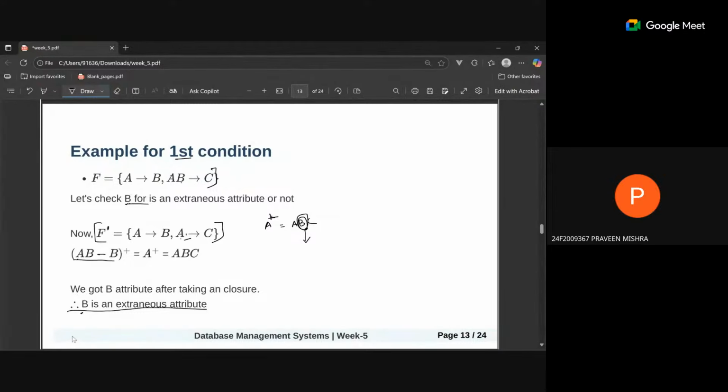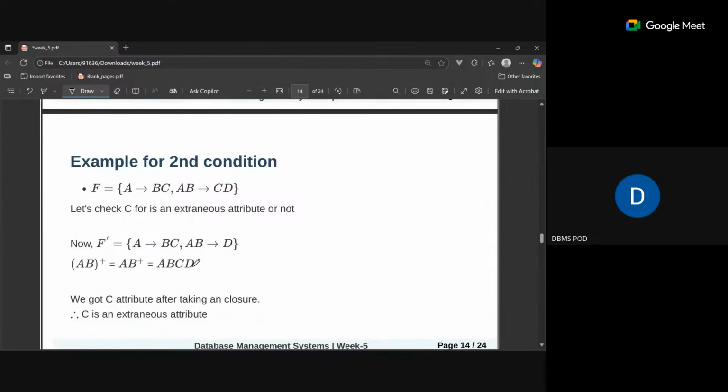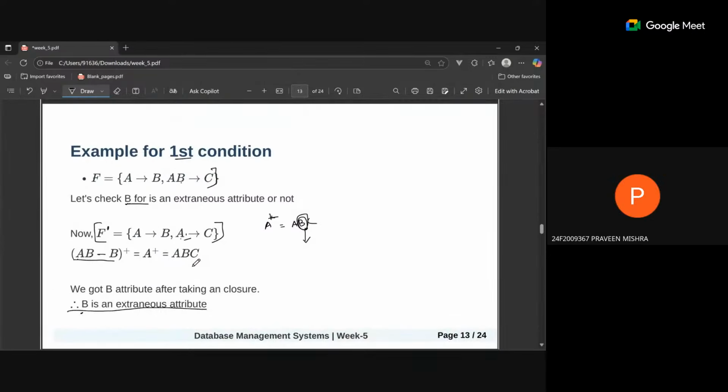In the line just below, we are subtracting B from AB and then finding the closure of A. We can directly do the closure and check rather than doing this last step. So this is the second condition, the left side check.